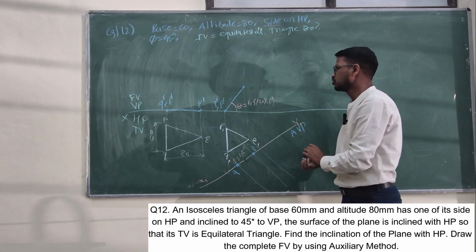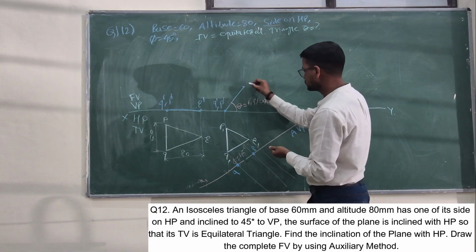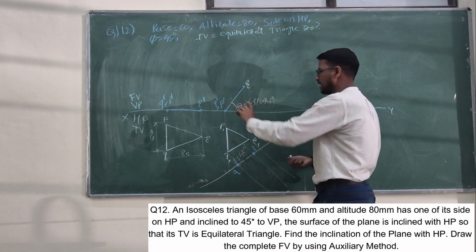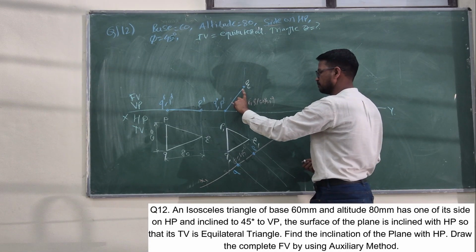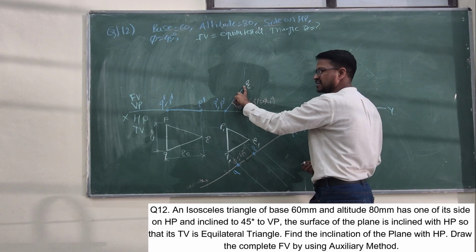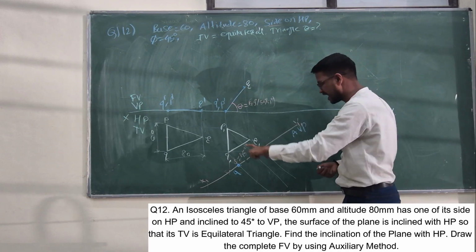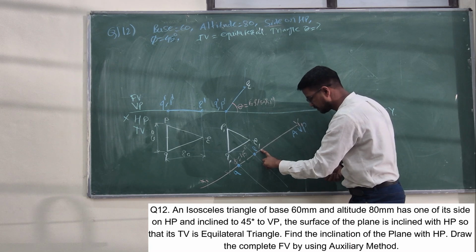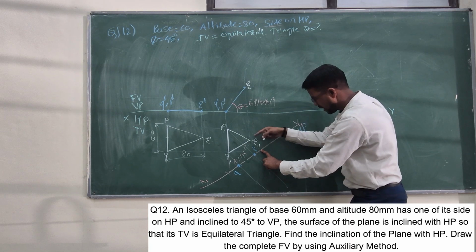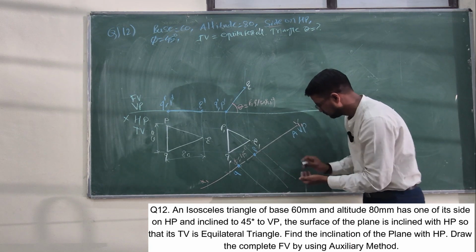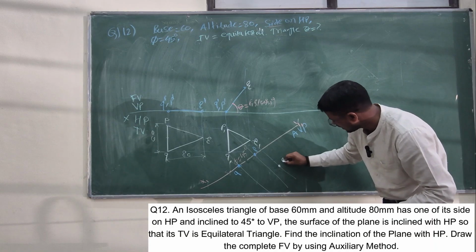Next, I want to find the R value. So here is the R value. I measure the distance from the previous reference line to R, take this distance in the compass, put the needle at the new reference line and make an arc on the R projector. Here I got a point. So this is the R point.